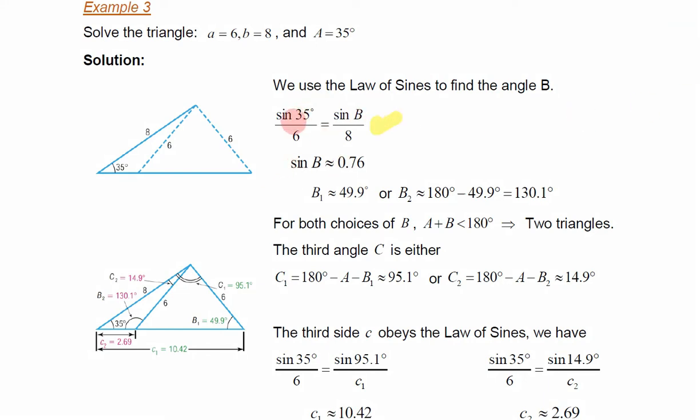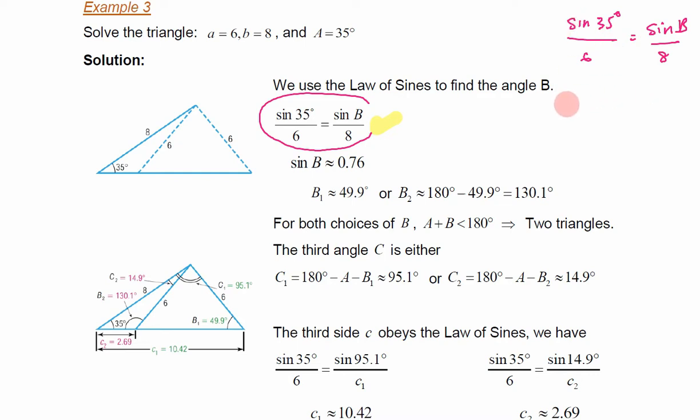You have this question, you have this formula to calculate B. So meaning that you are looking for B. Okay, I write one by one. Sine 35 degrees over 6 equals sine B over 8. So 8 you bring here.